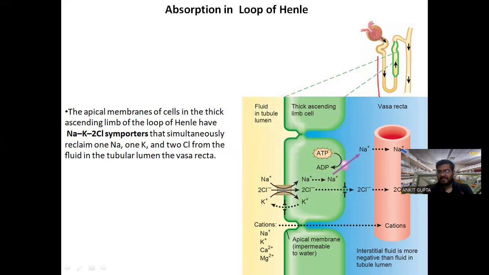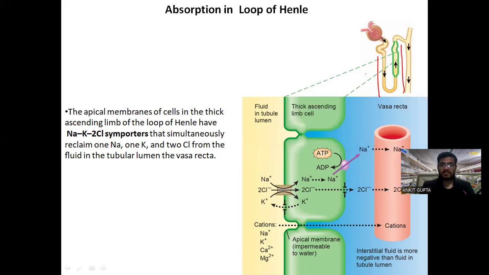This is the descending limb of loop of Henle, and this is the ascending limb of loop of Henle. What happens is, the descending limb of loop of Henle is impermeable to solute reabsorption. So no solute is reabsorbed in the descending limb. It is only permeable to water, and the type of water reabsorption which takes place is obligatory water reabsorption.